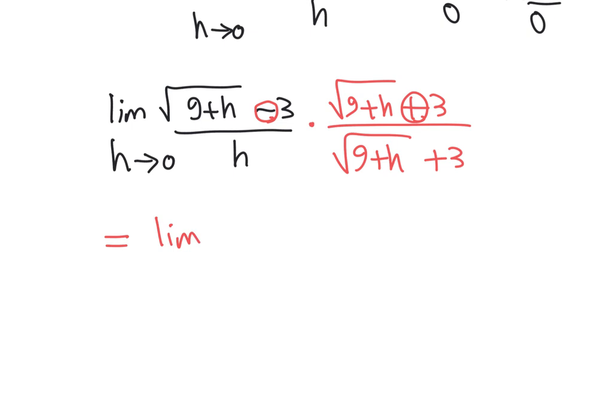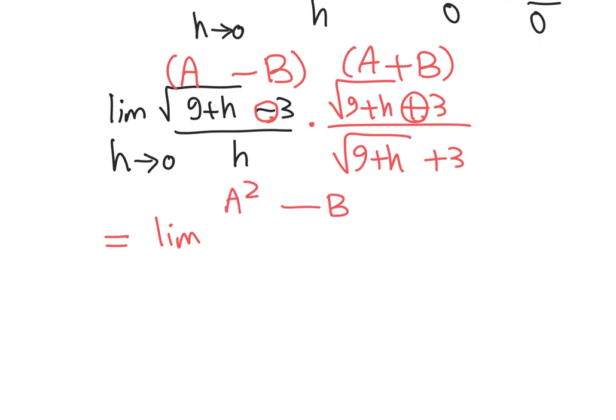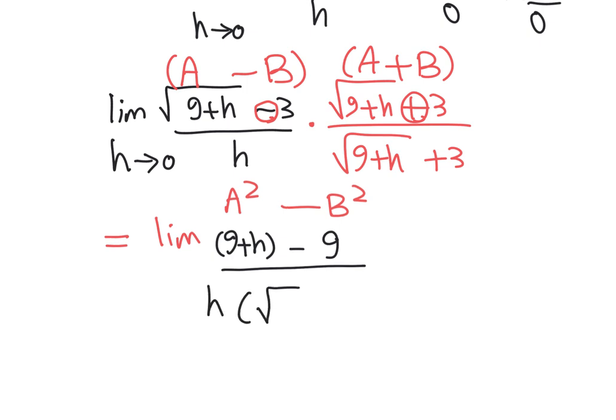So this is a minus b, and here you see a plus b, so you can use the difference of squares. So it is a squared minus b squared, which is 9 plus h minus 9 over h. You copy paste your denominator, you do not change anything, root 9 plus h plus 3 as h goes to 0.